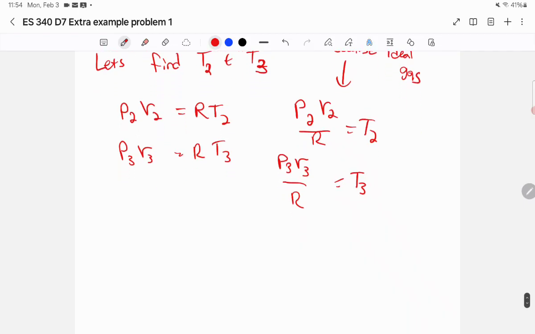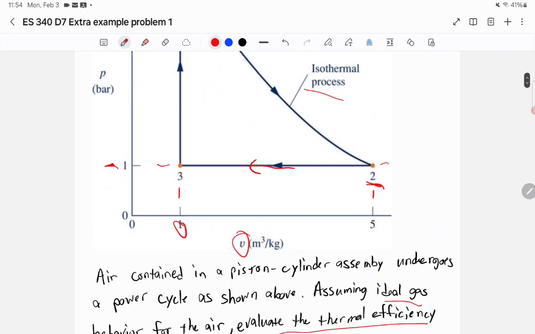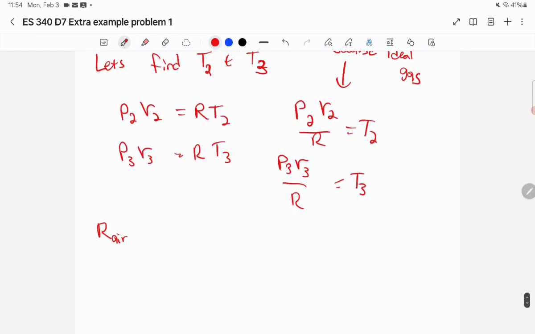Okay, so these facts are going to be true. And R, this is for air, I believe. Let me just go up and remind myself. Yes, this is for air. R for air is equal to, again, I'm going to go to that table, but remember, you can actually divide out by M, R bar by M. We can use that fact and use table A1.